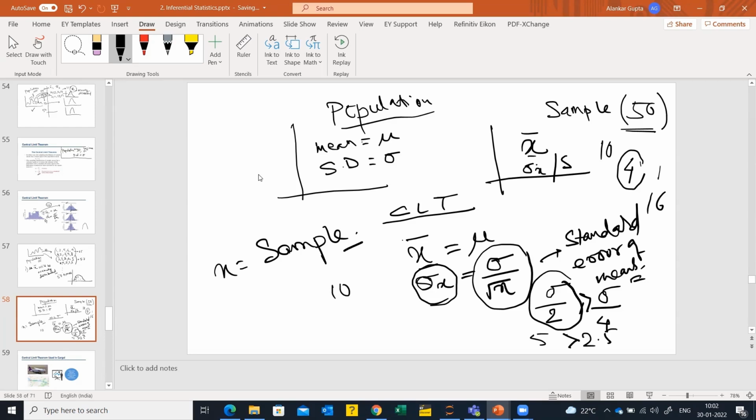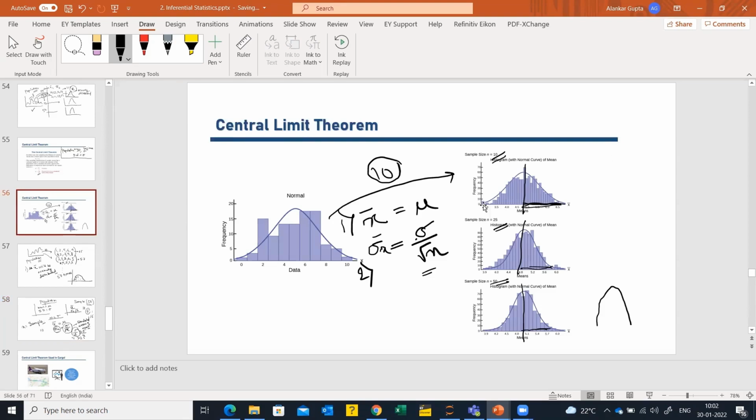That is why here you can see that as the sample size increases from 10 to 50, the graph becomes steeper, because your standard deviation, or the standard error, is reducing. Got my point? So this is your central limit theorem.